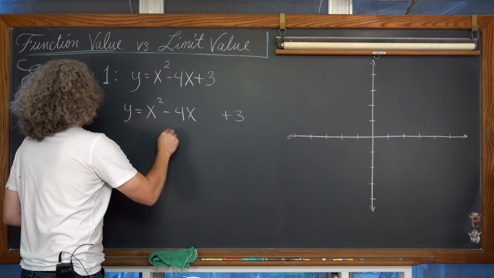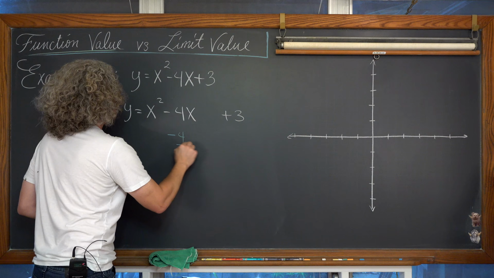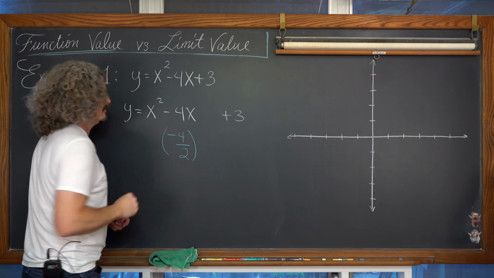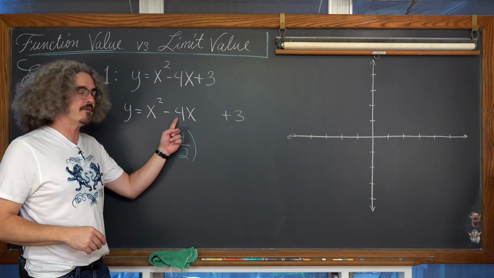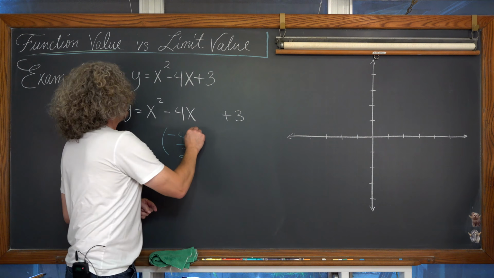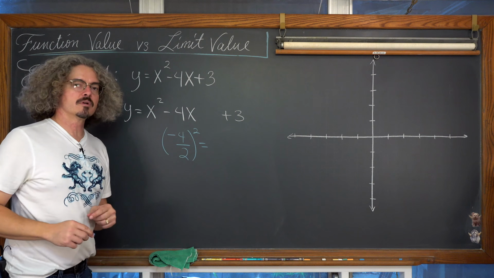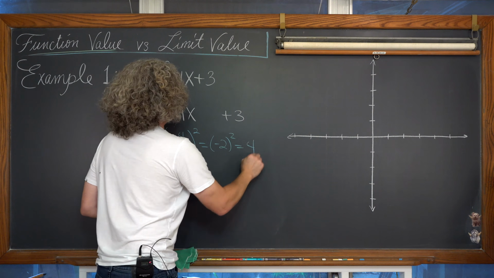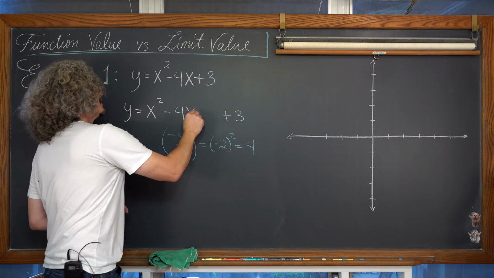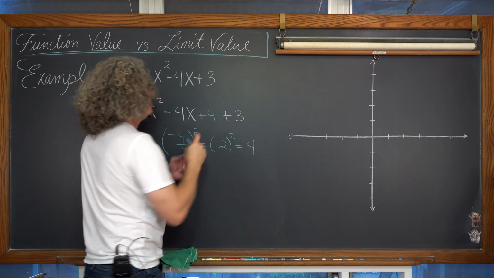But completing the square is a really important technique for a lot of math classes, and calculus as well. So we're going to take half of b, half of negative 4, and square that. Half of negative 4 is negative 2, and negative 2 squared is equal to 4. We add 4 into this equation, and we need to keep the equation balanced.